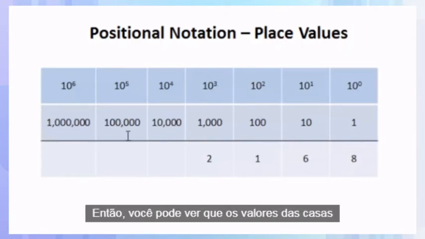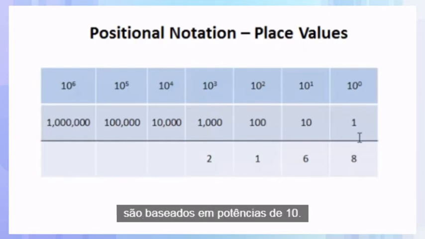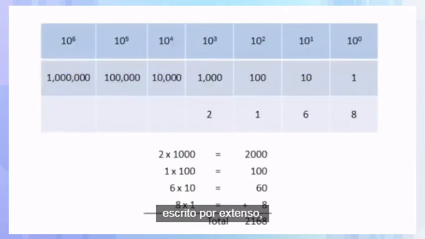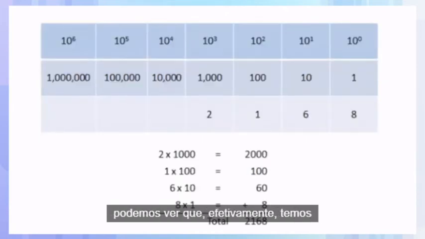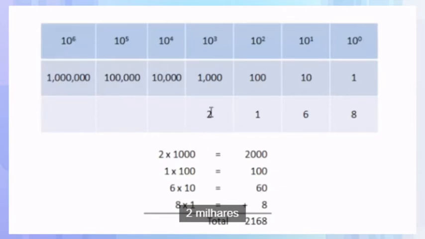So you can see that the place values are based on powers of 10. If we look at the number 2,168 in long form, we can see that effectively we have two 1,000s, one 100, 6 tens, and 8 ones, and 2,000 plus 100 plus 60 plus 8 totals 2,168.